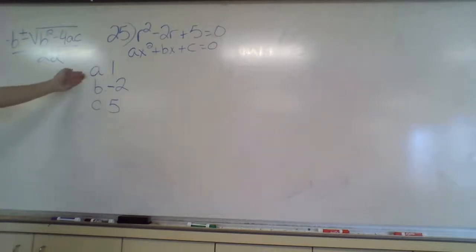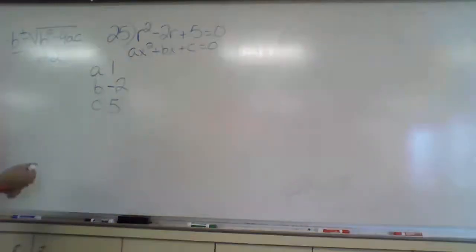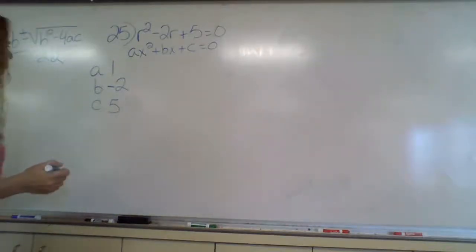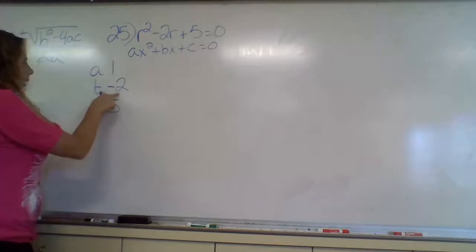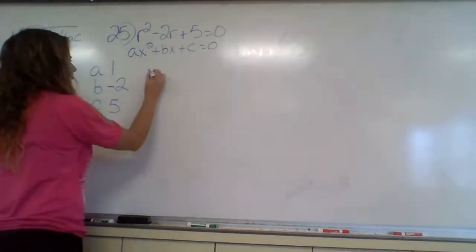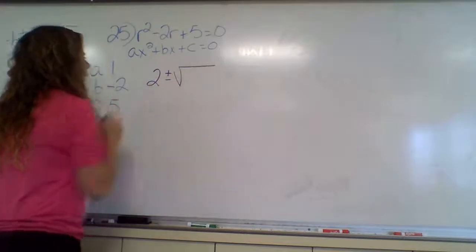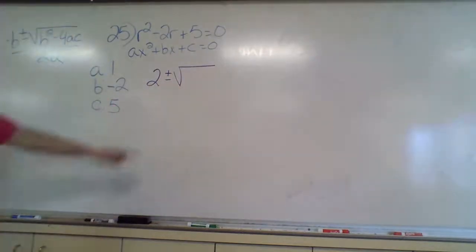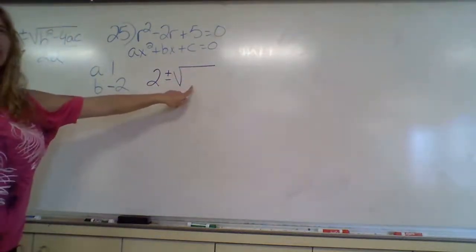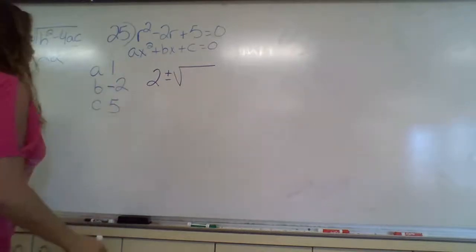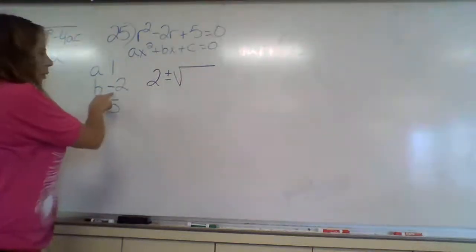So this time we have all of our values. So you're going to substitute them into the quadratic equation. So negative b, so that means this is going to become +2 plus or minus the square root of b squared, the discriminant. So -2 squared.